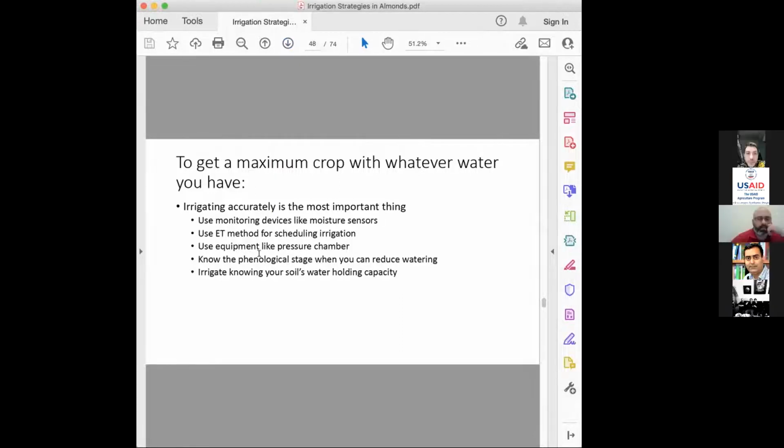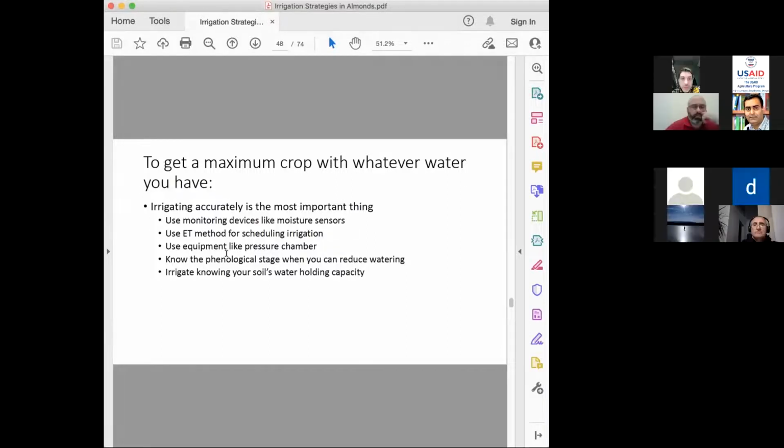And then in post-harvest, when the crop is gone, you need to irrigate differently. So you need to know your different stages of growth and development for your crop and identify the stages that you can actually reduce the watering if you want to, or if you don't have enough water, identify those stages that you can actually apply less water without having much effect on the yield.